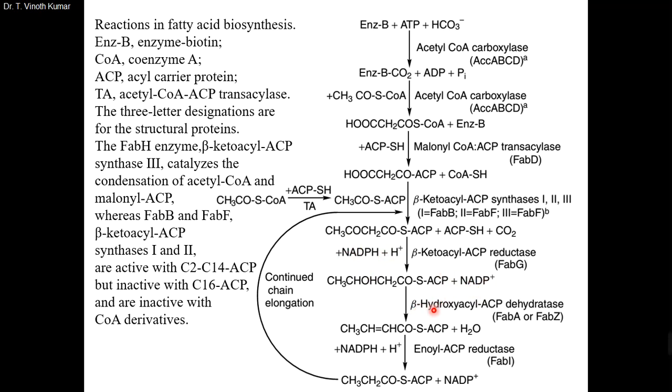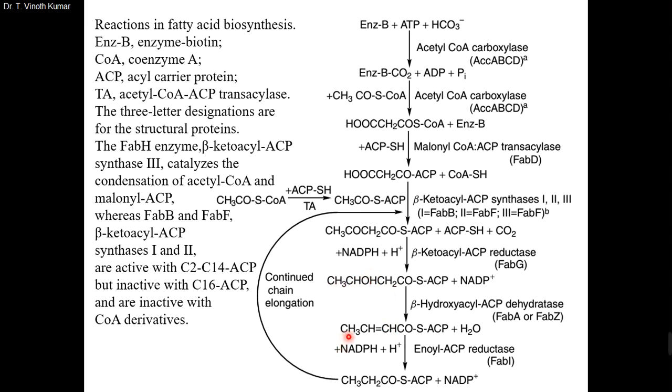So the next reaction is beta hydroxyacyl ACP dehydratase. Dehydratase means the removal of water. Water is removed from here: one hydroxyl moiety, and another hydrogen is from here. If you remove one hydrogen from CH2, that becomes CH, and the hydroxyl moiety is removed, and the remaining portion is CH3CH.